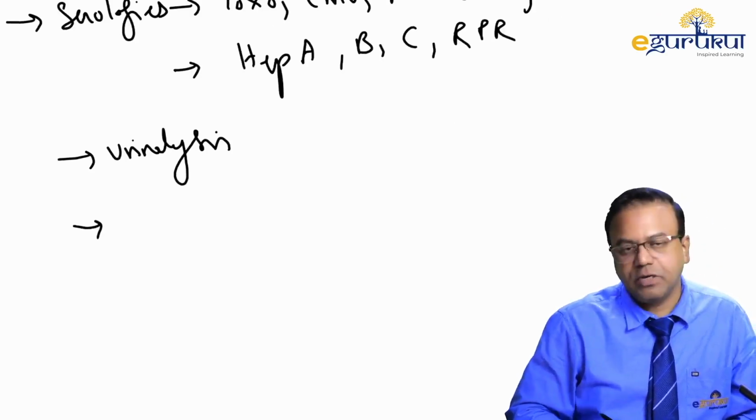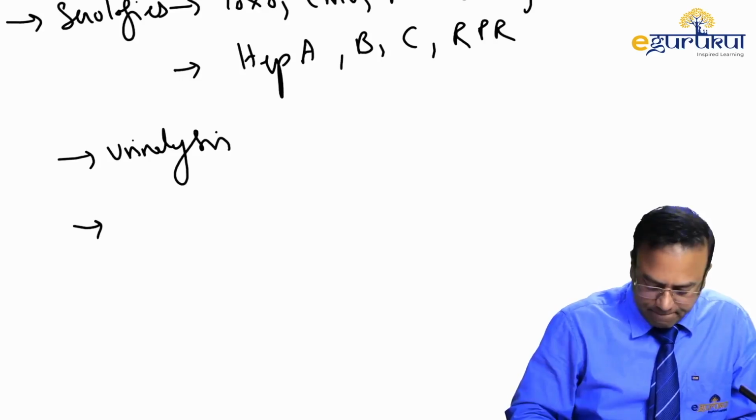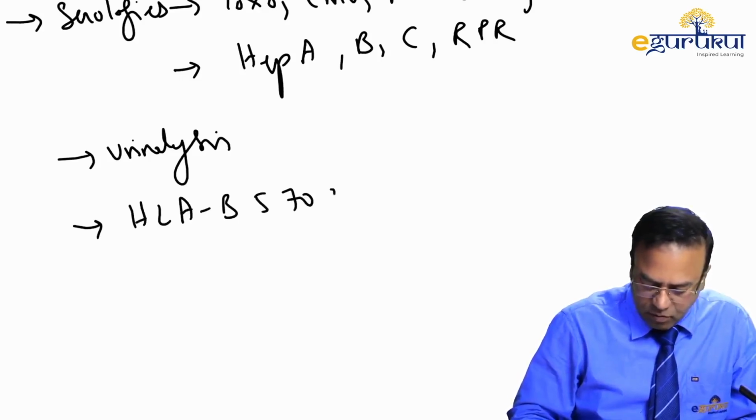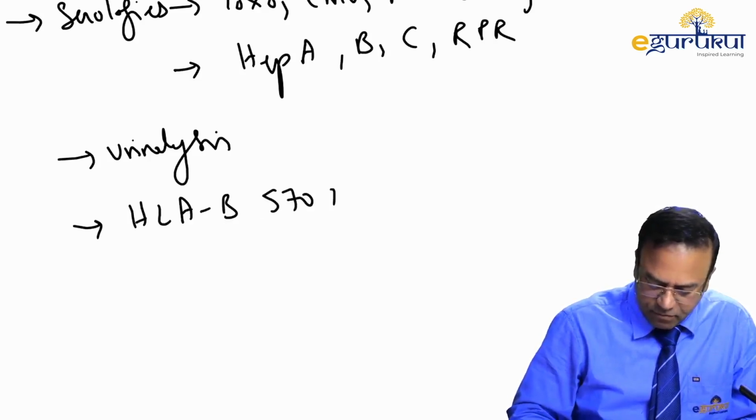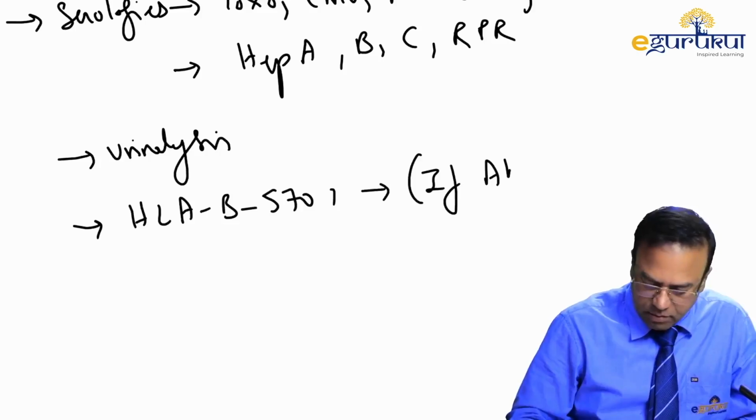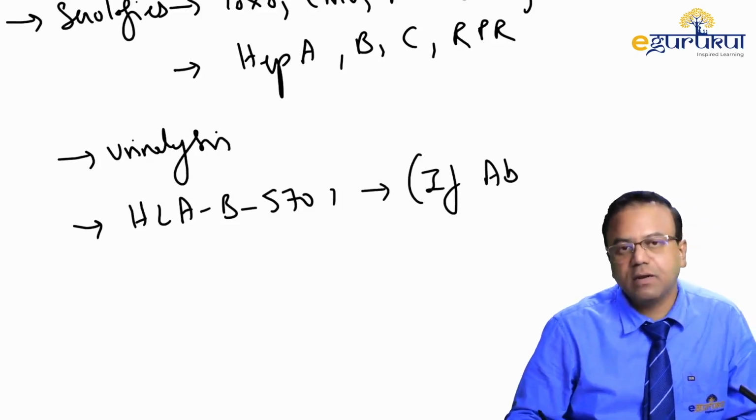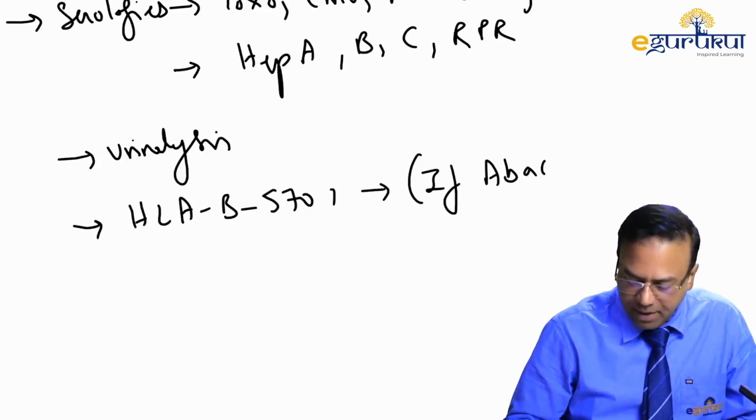If you plan to start a patient on abacavir, then HLA B5701, if you are intending to start the patient on a nucleoside reverse transcriptase inhibitor called abacavir.